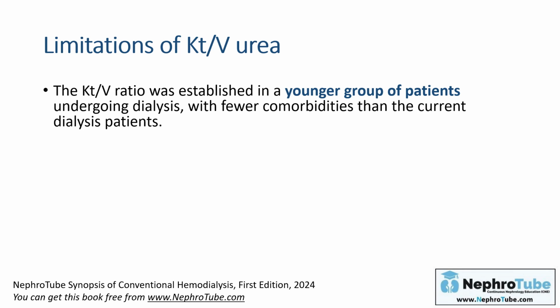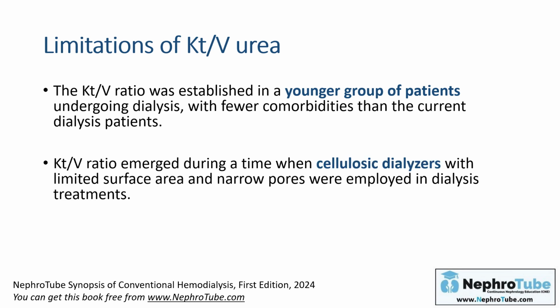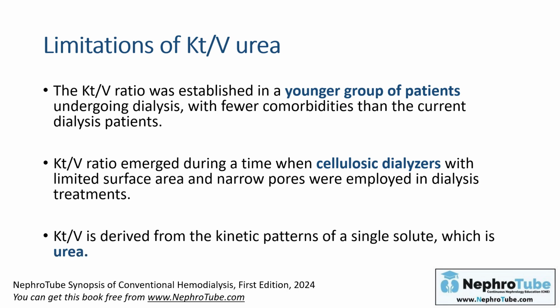But the current hemodialysis patients have become older with multiple comorbidities. The second point is that Kt over V emerged during the use of cellulose dialyzers, which have a limited surface area and narrow pores. Now we have high flux dialyzers with large surface area and wide pores.